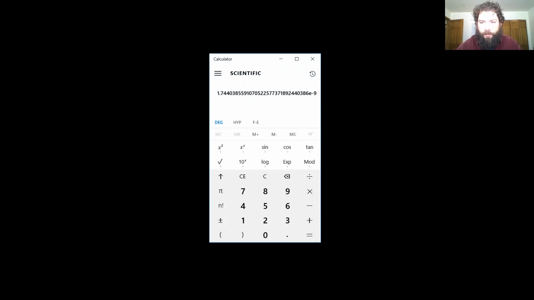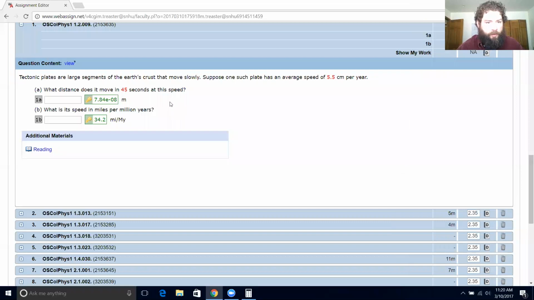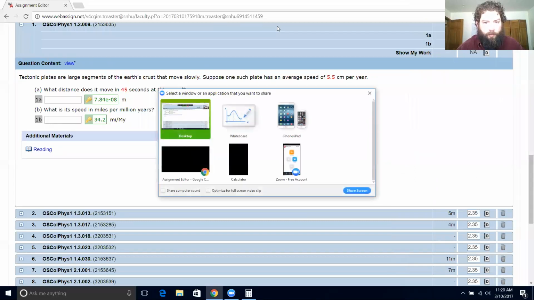And I can go ahead and write that on our whiteboard, because we're actually going to have to multiply this by the amount of time that we're looking at, which is 45 seconds. So I'm going to go back to the whiteboard.